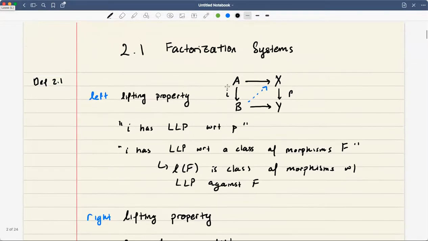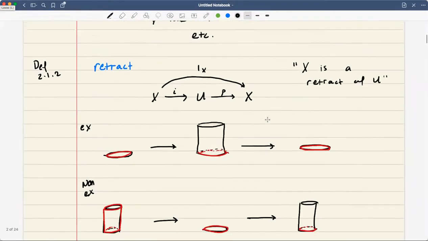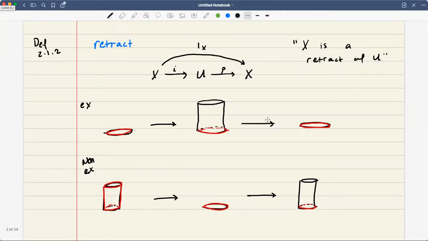And you could say I have a left lifting property against an entire class of morphisms, which means if the right morphism is anything in that class, then I can always find a lift, and vice versa for right lifting properties. Then there's retracts, which is just a technical tool, but I think of all of this stuff in terms of the category of topological spaces.